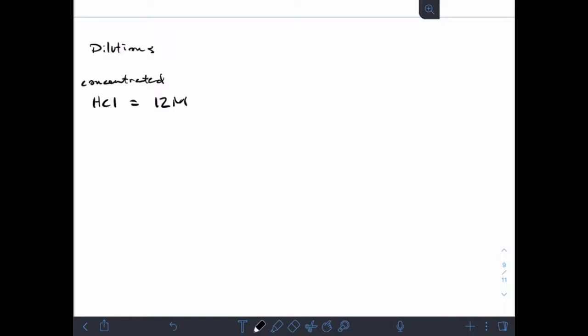So what do you do if you need 6 molar for your particular equation, or for your experiment, that is? We use the dilution equation to figure out how much water needs to be added to dilute our hydrochloric acid solution.